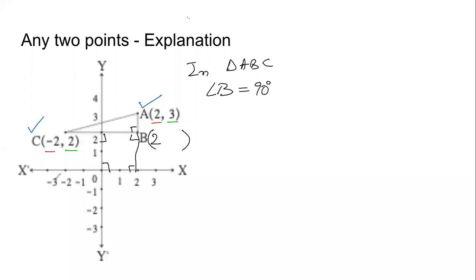Similarly, B and C are at the same distance from the x-axis. That means the y-coordinate of B and C will be same. That means the coordinates of B are 2, 2. 2, 3, minus 2, 2 gives us 2, 2.